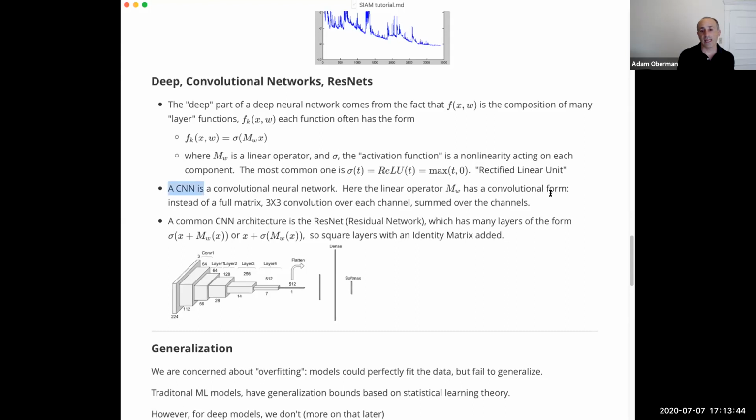What is the CNN? It's where, okay, this matrix in each layer, there's too many weights for it to be a full non-sparse matrix. So the matrix has a convolutional form. Essentially, if we're talking about images, we have a bunch of channels of images the size of our square pixels.